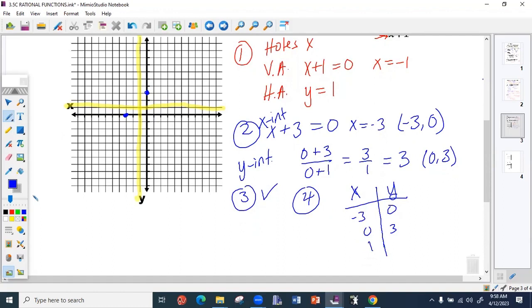When I'm plugging in 1, that means that wherever x is, I'm plugging in a 1. Does that make sense? So it would become 1 plus 3 over 1 plus 1. What does that give me? 4 over 2, which is 2. So the value at 1 is 2. I'm going to go up to 1, 2.